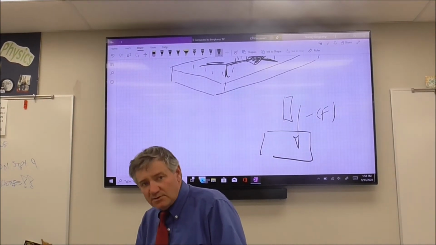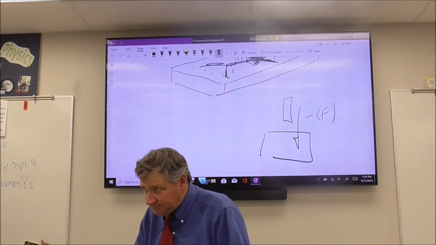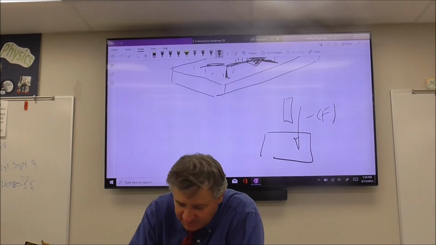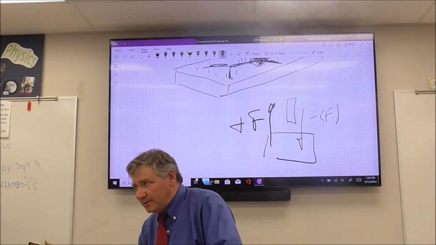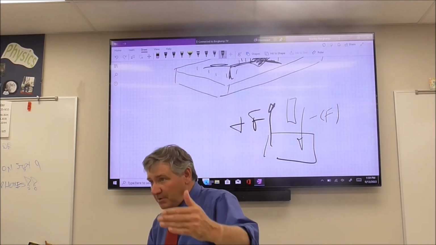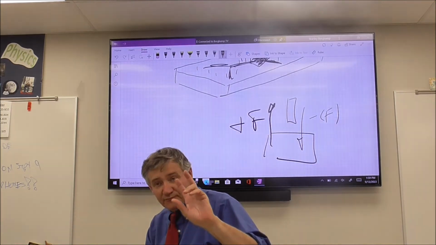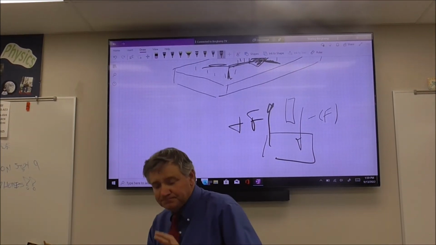So by Newton's third law, what's the block going to do? It's going to exert an equal and opposite positive force pointing upward. I'm going to have a negative force, I'm going to have a positive force. Those forces are coupled. That's going to be important.